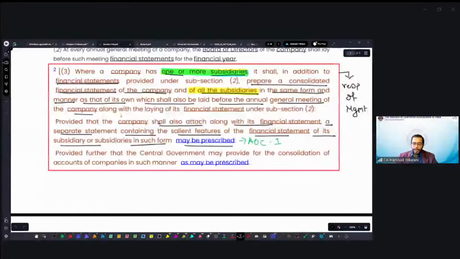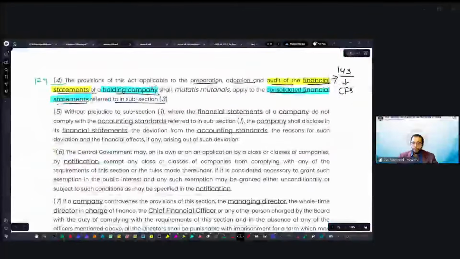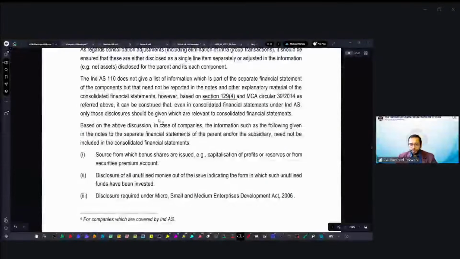It says that the provisions of the Act applicable to the preparation, adoption and audit of the financial statement of the holding company shall apply in a similar manner to the consolidated financial statement referred to in sub-section 3. So if anything is applicable to the holding company's financial statement, you are required to apply it to the consolidated financial statement also.